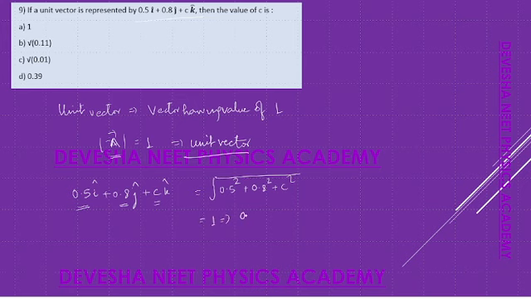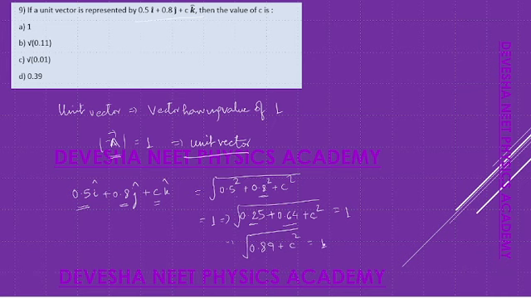It means the square root of 0.25 plus 0.64 plus c squared. 0.5 squared is 0.25, 0.8 squared is 0.64. This is equal to 1. 0.25 plus 0.64 is 0.89, so 0.89 plus c squared is equal to 1.